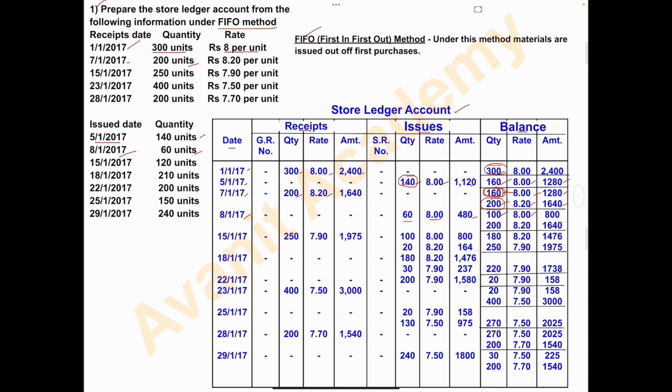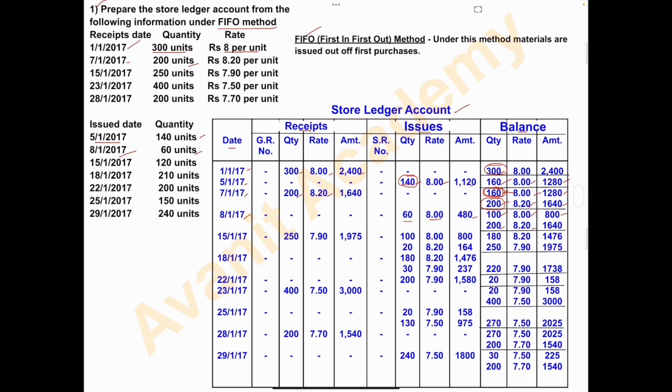And these 200 units stay as they are, because we have not issued anything from this second bag. So we'll write here 200 at the same rate, 8.20, and the amount is 1640, and close this.